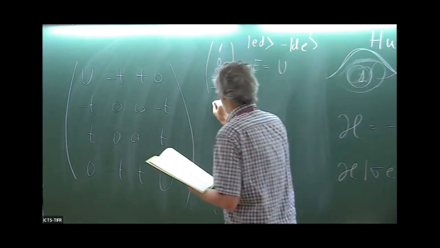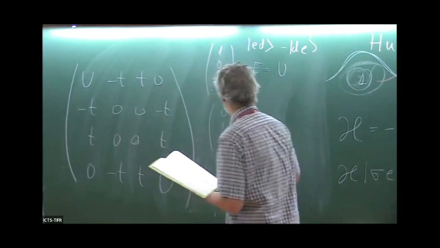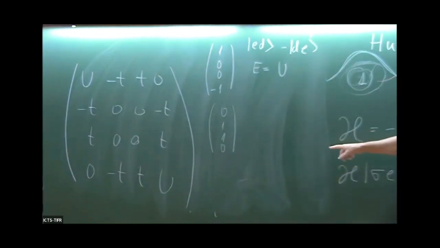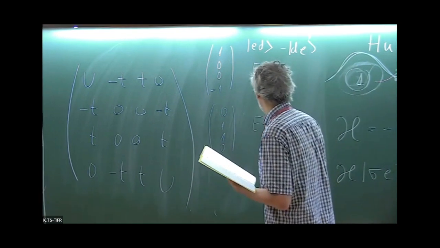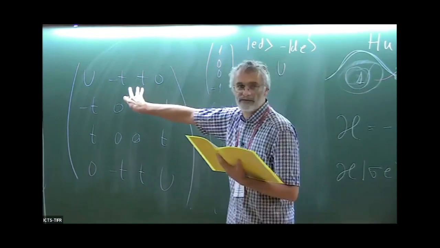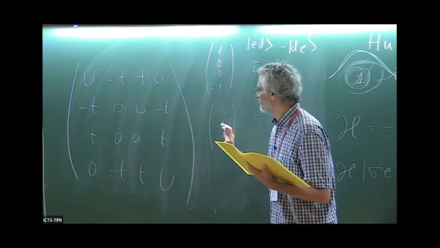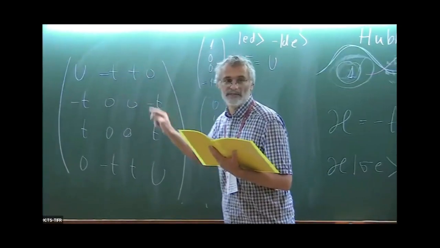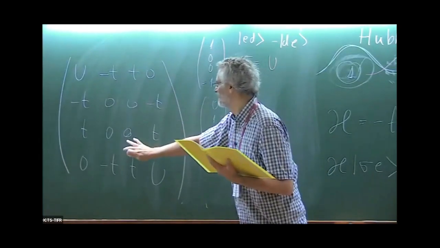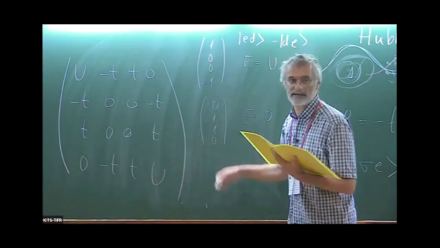Similarly, I can use 0, 1, 1, 0. This is another eigenvector. It will have energy equal to 0, because if we multiply this vector with the matrix, it will give 0 here, because minus T plus T is 0, here nothing, and again nothing, so we will get everything 0.